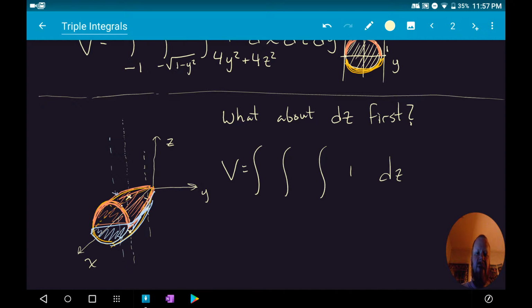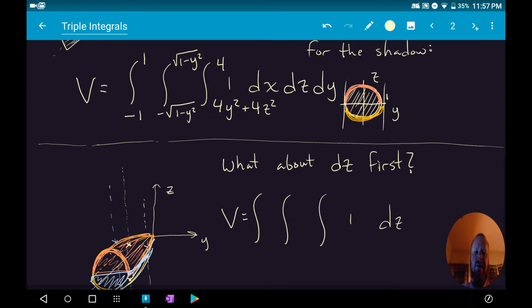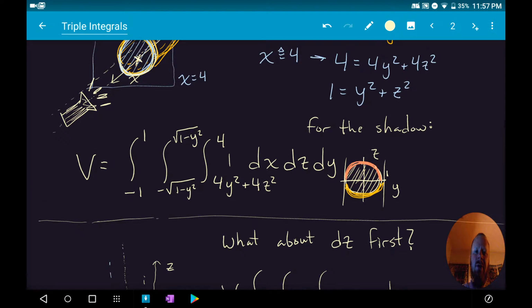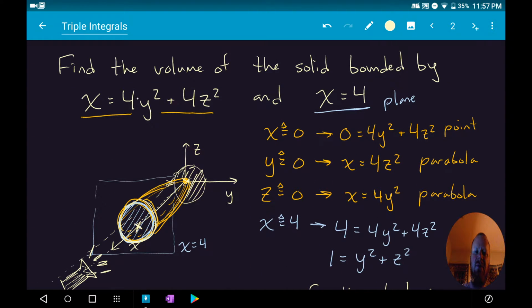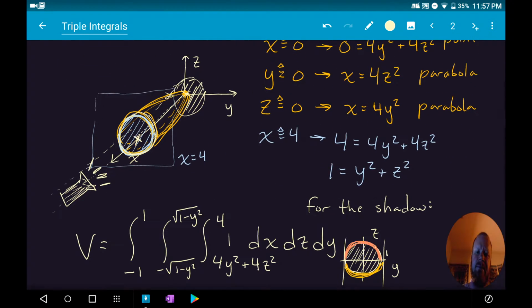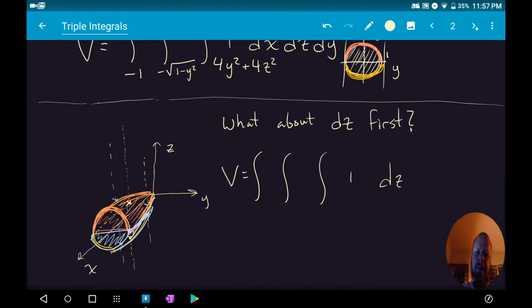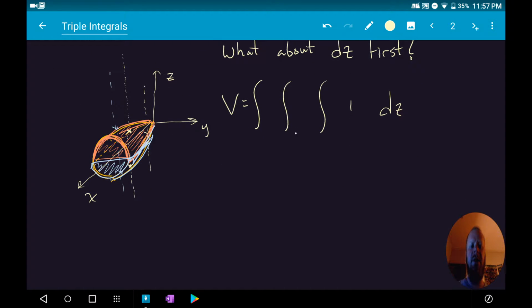So in terms of what that looks like, I'm really just going through this same surface, right? I'm going through my x equals 4y squared plus 4z squared. And so I'll start off with that x equals 4y squared plus 4z squared.